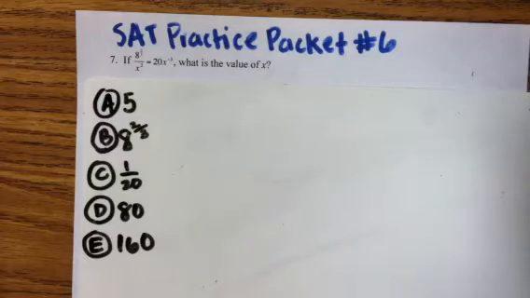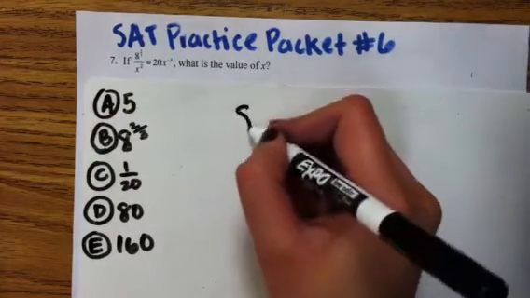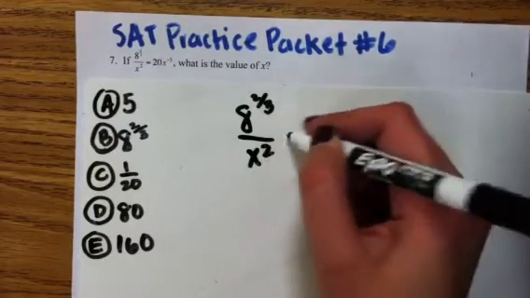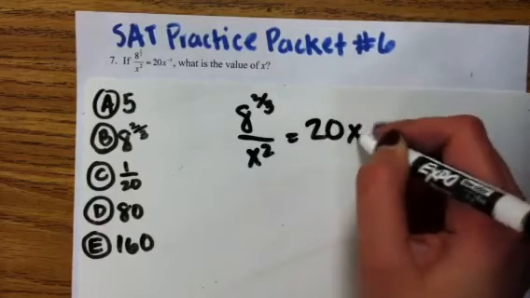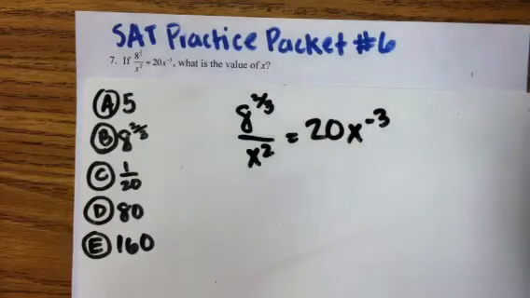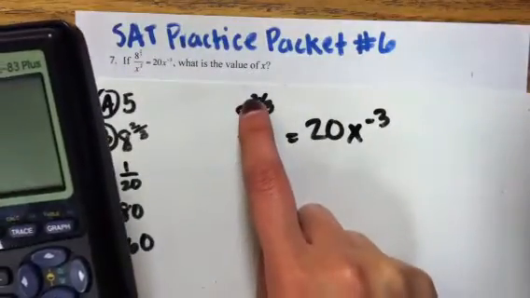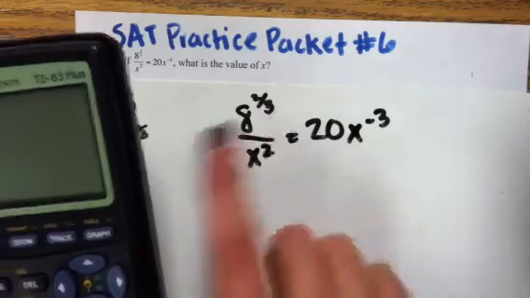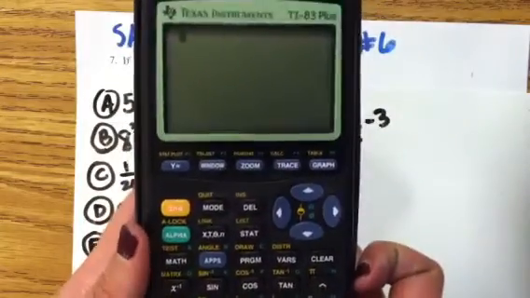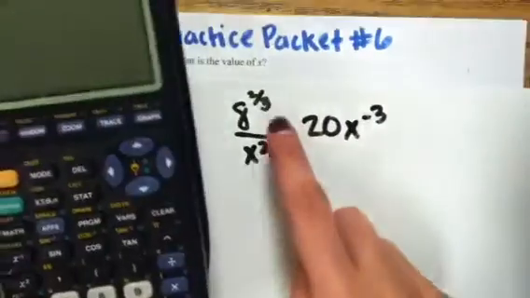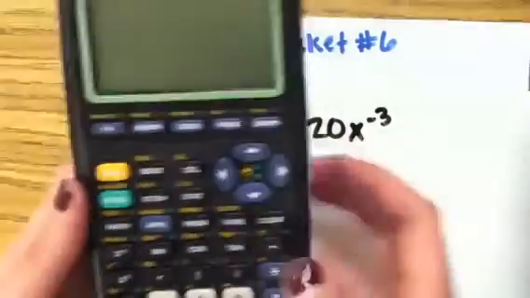All right, so the first thing I'm going to do is rewrite my question. 8 to the 2/3 over x squared equals 20 x to the negative 3. Okay, 8 to the 2/3, we learned that we could turn it into something to a power and a root, but I'm just going to plug it into my calculator. 8 to the, now 2/3 is nothing but a division problem, right?